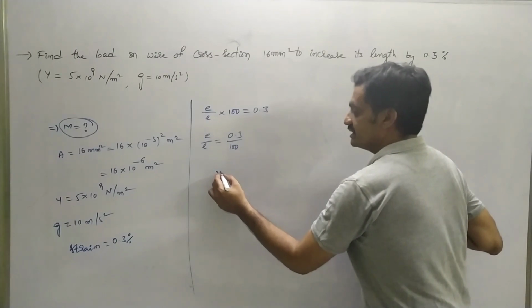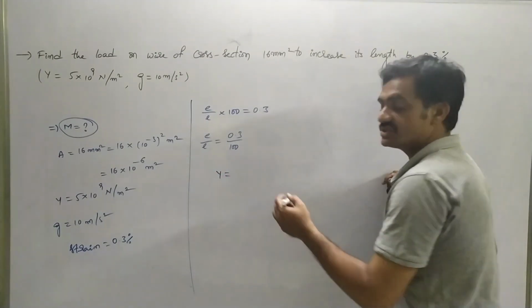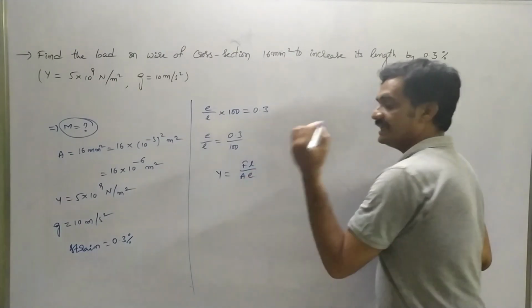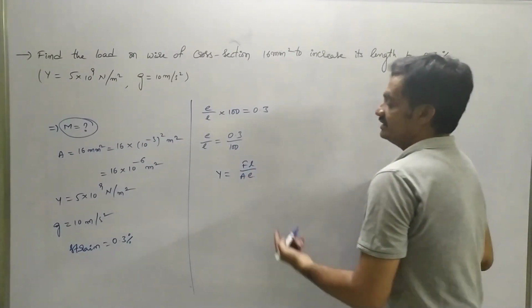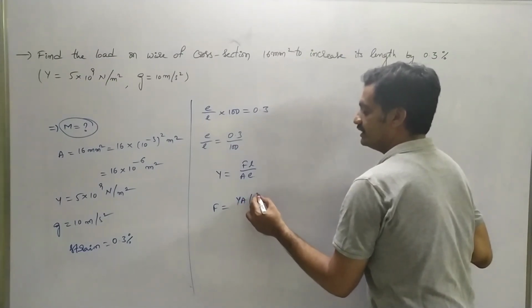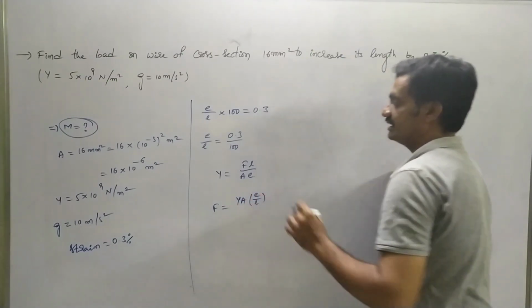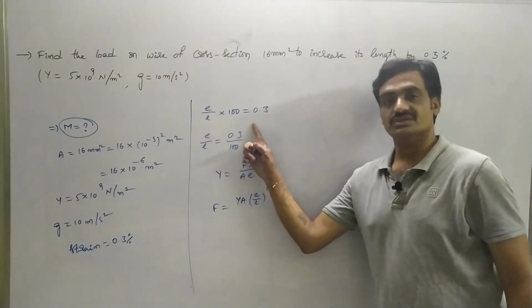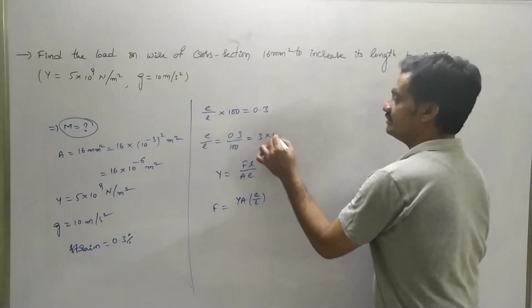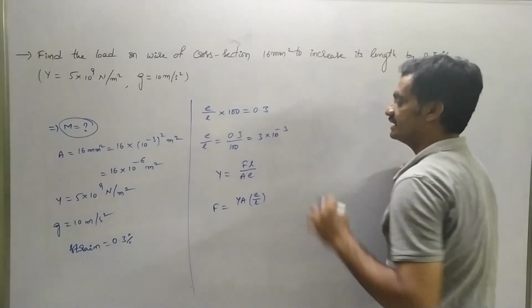Now Young's modulus equation is given as Y equals FL by Ae. Here F is equal to YA into e by L, where e by L equals 0.3 by 100, or we can represent it as 3 into 10 to the power of minus 3.